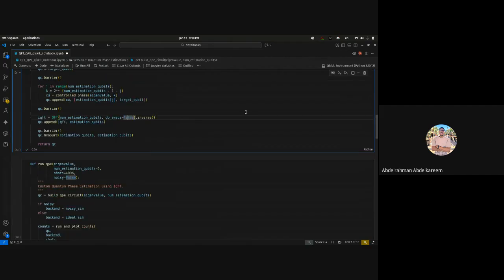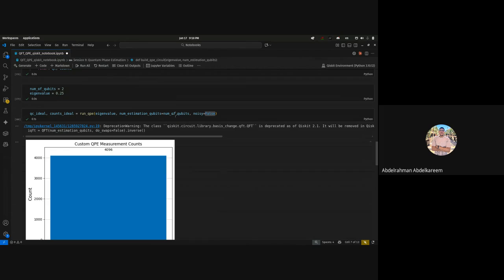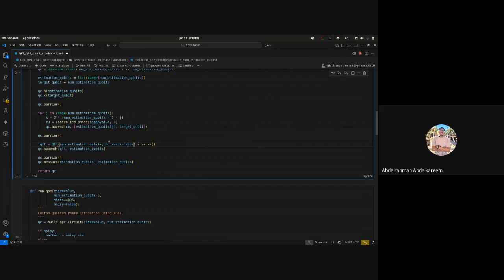In Qiskit, they start counting from the right, so if I have 3 qubits here, the first qubit is from the right, and the second qubit after that. But in our analysis and most papers, it's reversed. The first qubit actually starts from the left, which is called MSB, most significant bit. But in Qiskit it's least significant bit, so it starts from the right. So in our case, for the quantum Fourier transform, I have disabled the swaps.